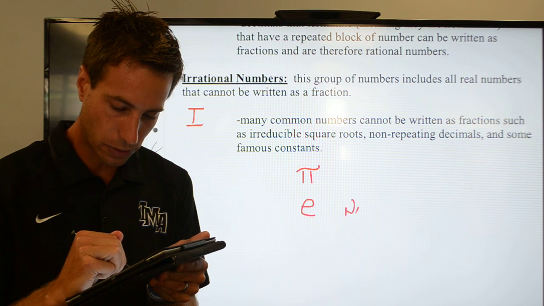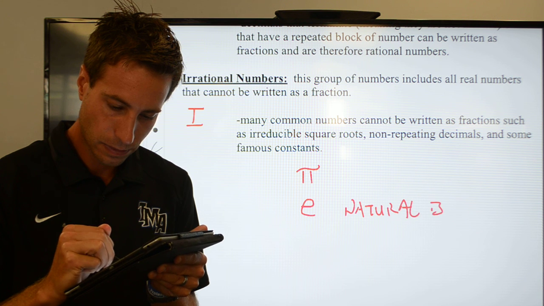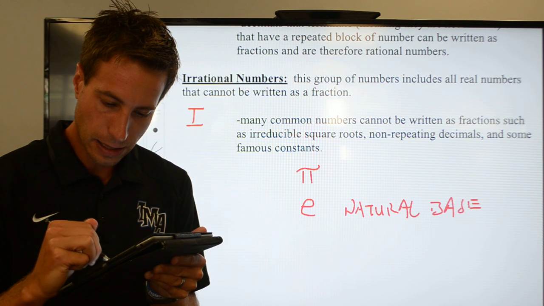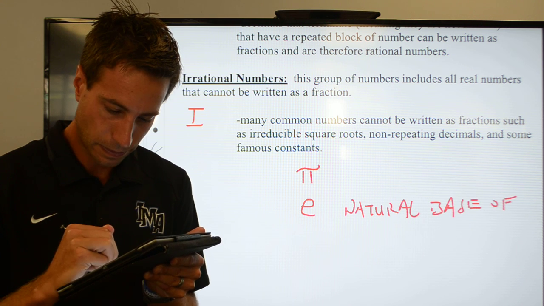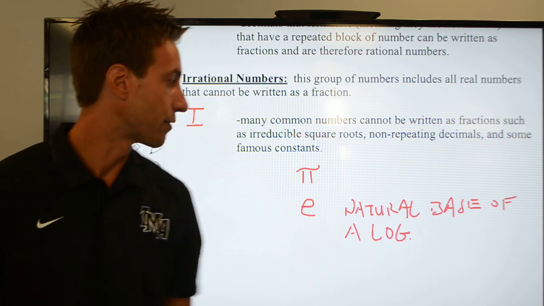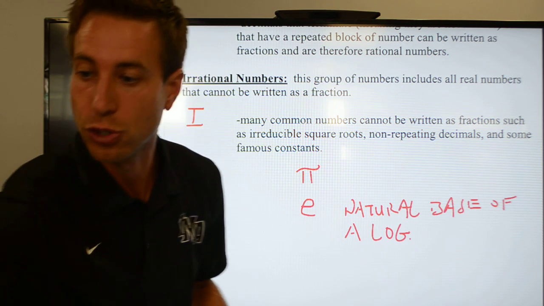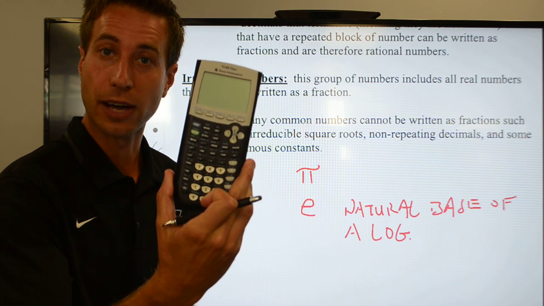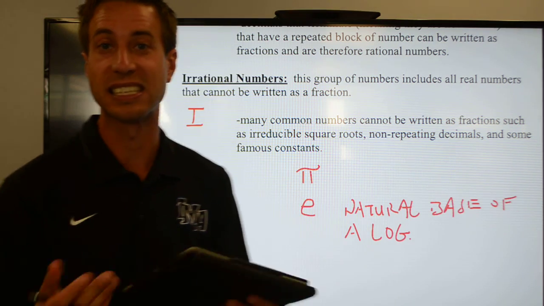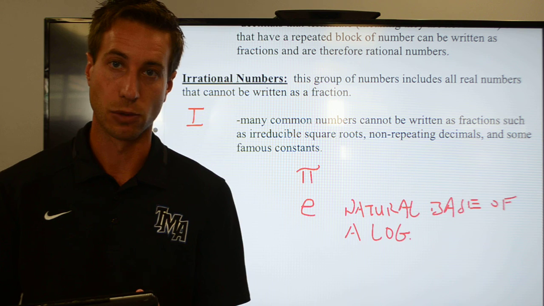So this is the natural base of a logarithm. Again, don't have to worry about it right now what that number is. We'll get to that later on in a chapter, but you actually do have a button on your graphing calculator that represents this natural base e for logarithms. It's an irrational number. It is a non-repeating decimal that has an infinite number of decimal places.